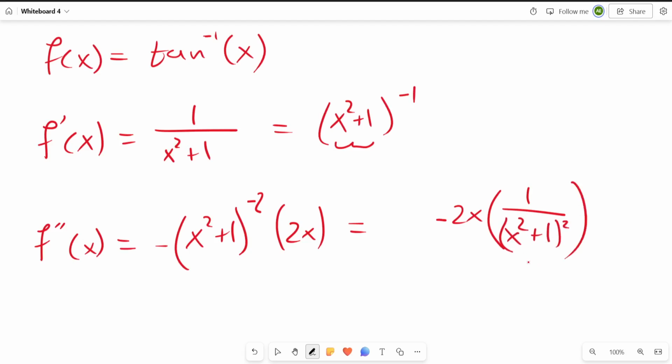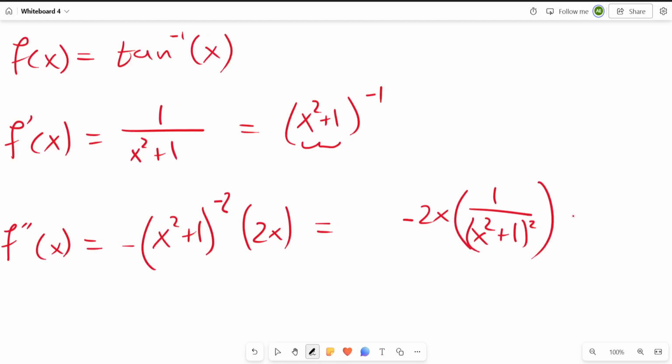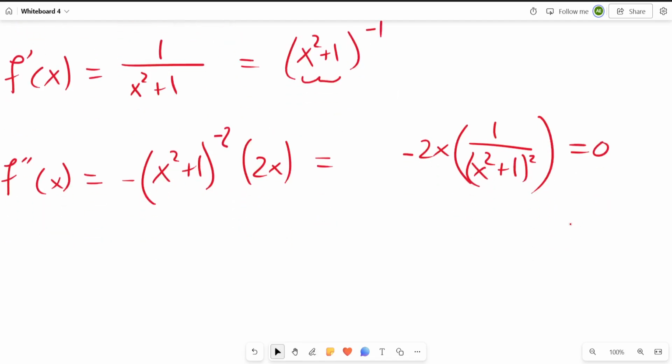So I will equate this to 0 and see what values of x make it 0. Inside this bracket, it will never be 0, because x squared is always positive, and then we add 1.